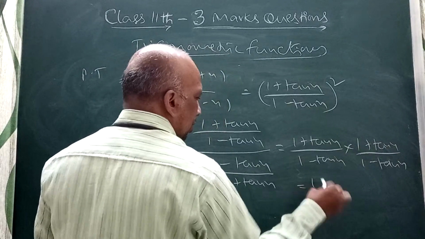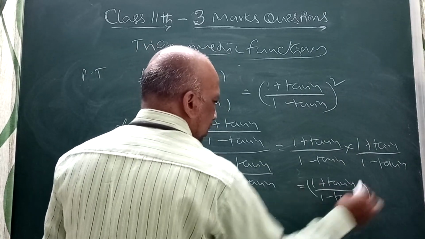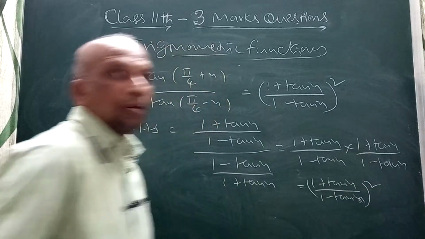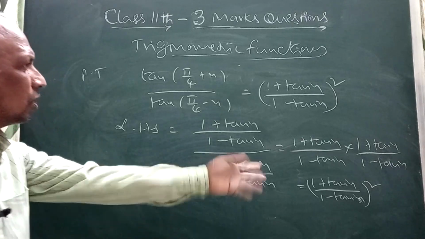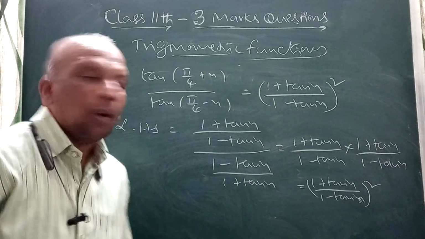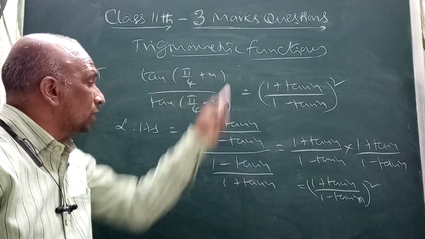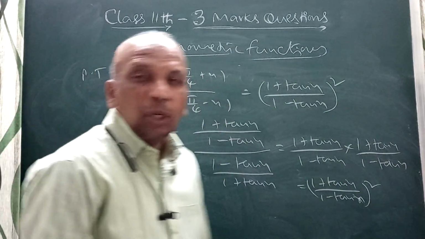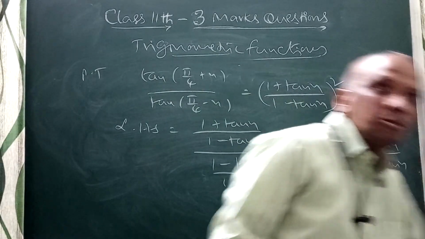Then it gives the required answer, 1 plus tan x by 1 minus tan x whole square. Correct. How did you get this formula? Tan of a plus b: if you have doubt, you can expand tan a plus tan b by 1 minus tan a tan b.